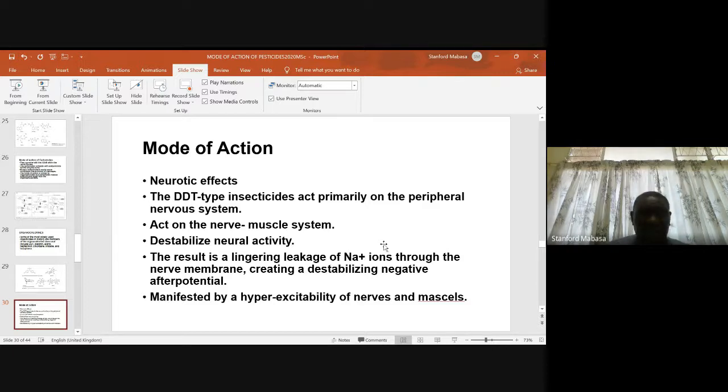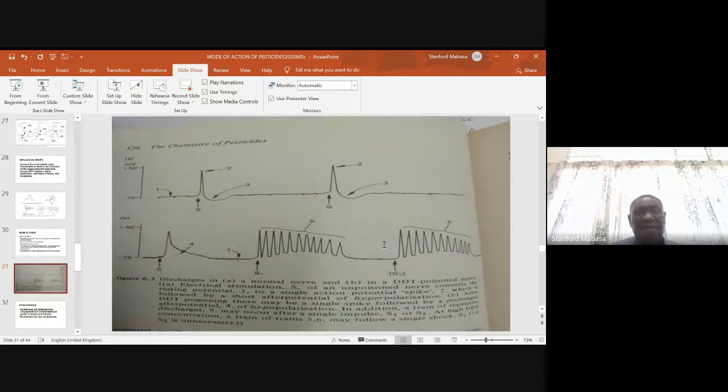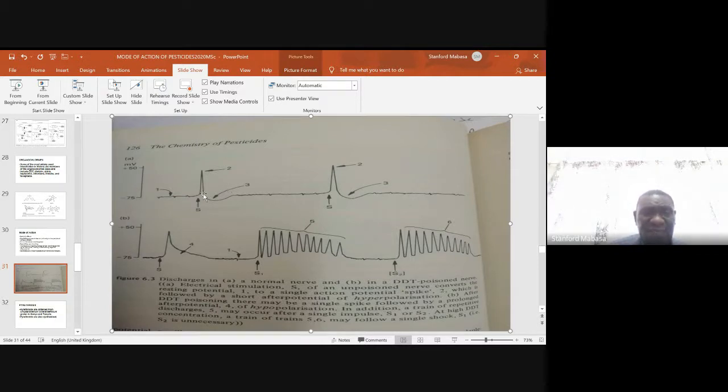So we're talking about the mode of action of DDT. Here I'm just showing you the effects of poisoning using DDT. Now, if we're going to measure the nerve transmission, in a normal situation, we get this top graph.